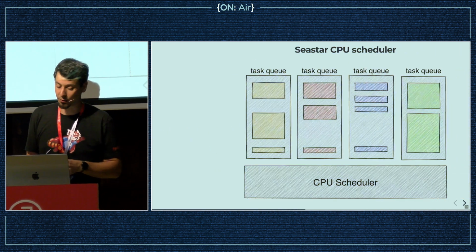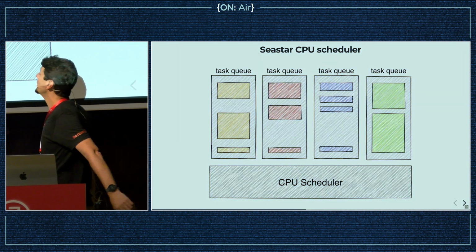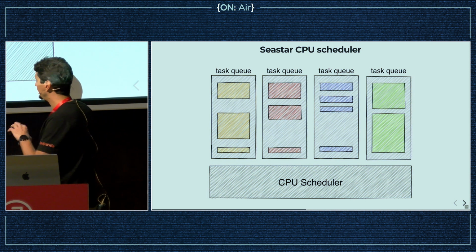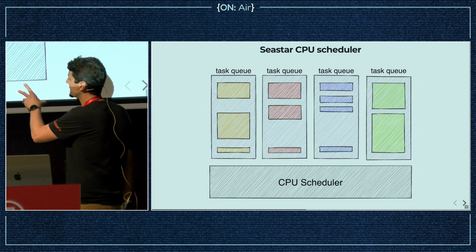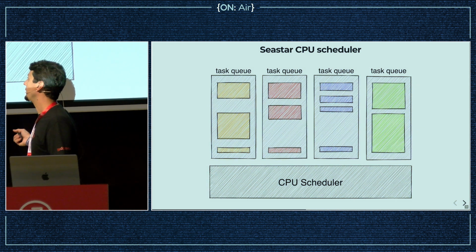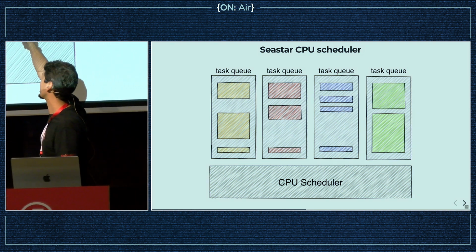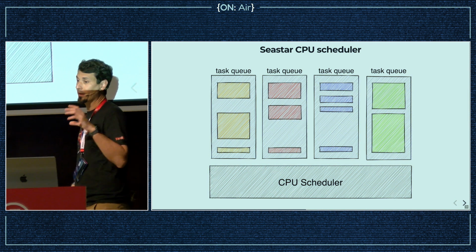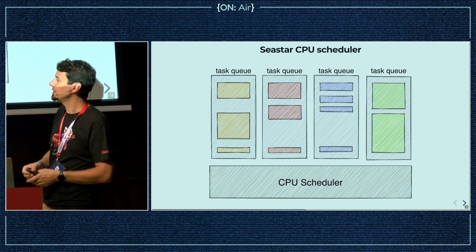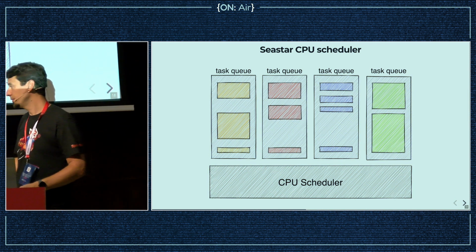And another knob that we have is the CPU scheduler. As we already said, it's a cooperative multitasking scheduler, and each of these tasks, those color-coded boxes, is atomic and explicitly yields control to the scheduler.